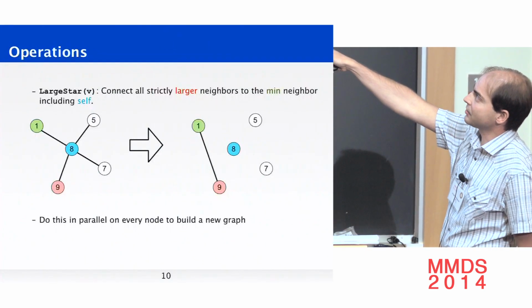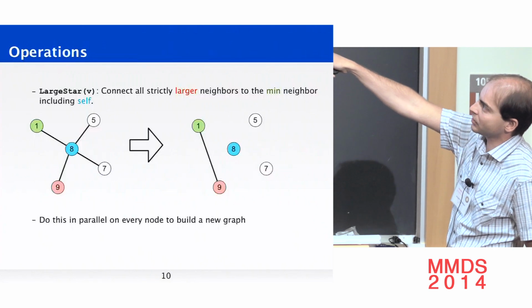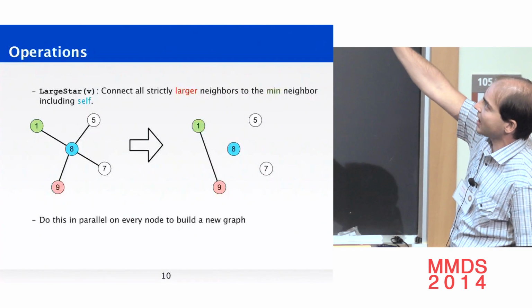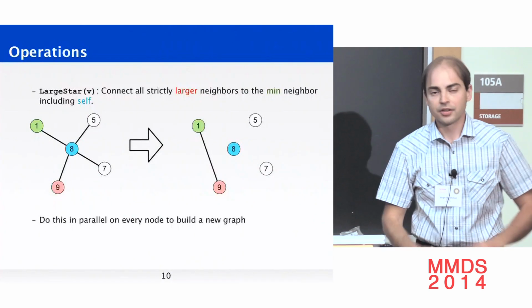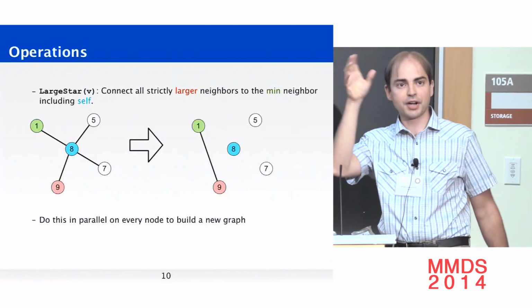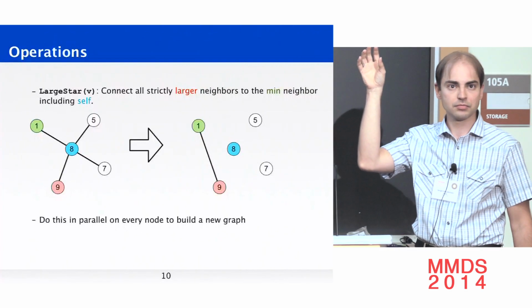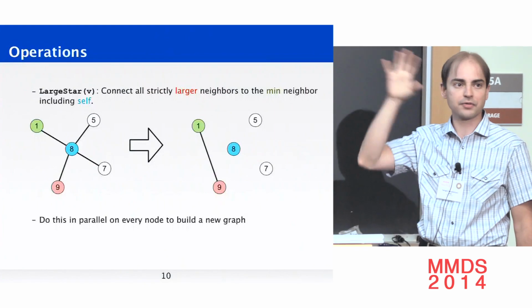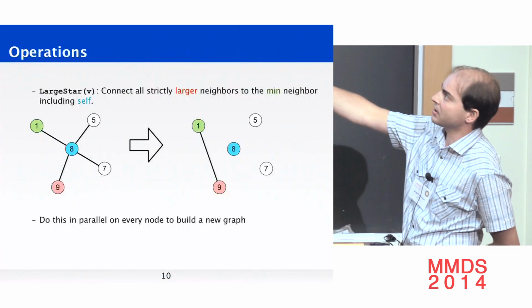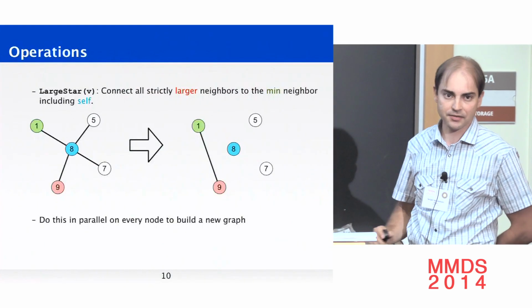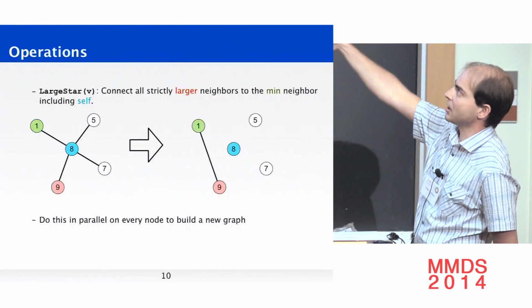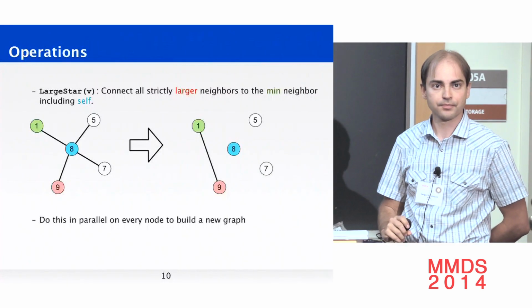So it's 8. Because 9 is the only larger neighbor, and 1 is the minimum, I'm going to add this edge. I'm going to do this operation in parallel on every single node, and this will create a new graph for me. So I'm not keeping the edges from the past iteration. I'm going to be creating a whole new graph altogether.